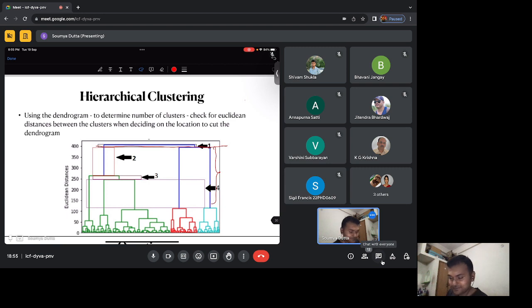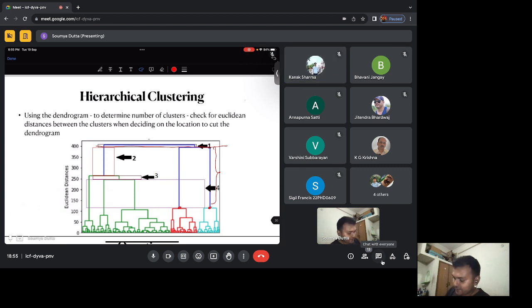For example, the distance between the blue cluster points and the red cluster. First clusters, yes, precisely. So this is basically the inter-cluster distance.